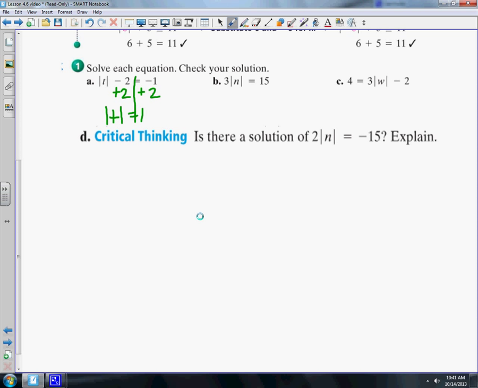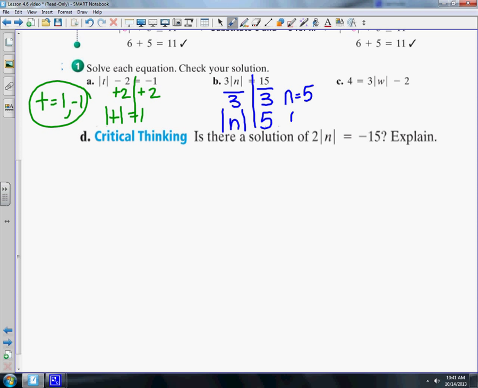Now, the absolute value of t is 1, so that means t could be 1 or negative 1. You can write it with a comma, or you can write and, however you'd like to write it. I don't really care. So you divide both sides by 3, so the absolute value of n is 5. So my two answers, it would be n equals 5 or negative 5.